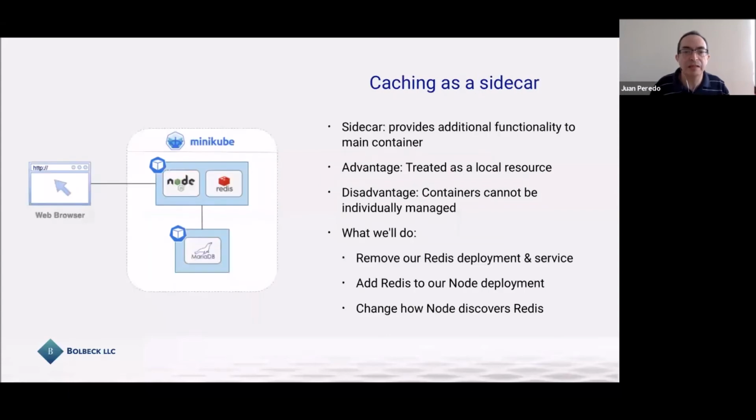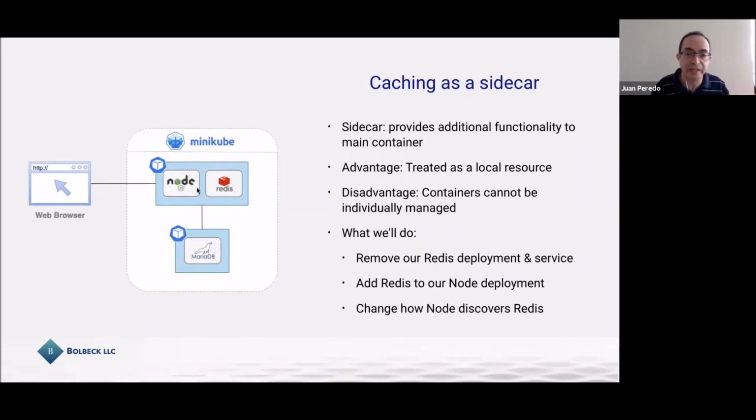And sidecar refers to the fact that we can put a second container that provides additional functionality to the main container within the same pod. You don't do this very often, but when you need to have something treated as a local resource in the same pod, once you put it in here, you can talk to each other as local hosts, and you can use the same volumes for data.